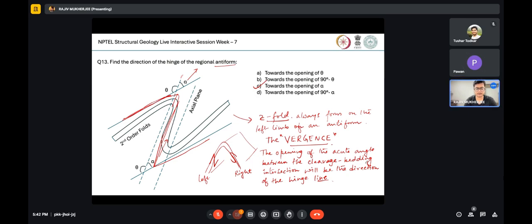Sorry, I couldn't understand your question. If a bed is folded in F1, there will be some axial plane cleavages, and this fold is again coaxially folded in F2. Then what will happen?